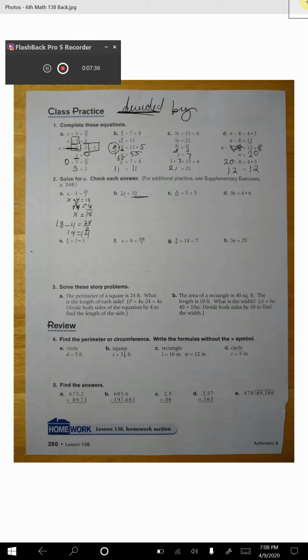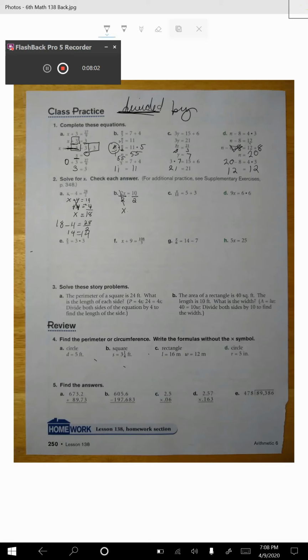All right, so this is 2 times x equals 10. What is the opposite of times? x divided by 2. So I'm just going to do like this. So these guys are gone.